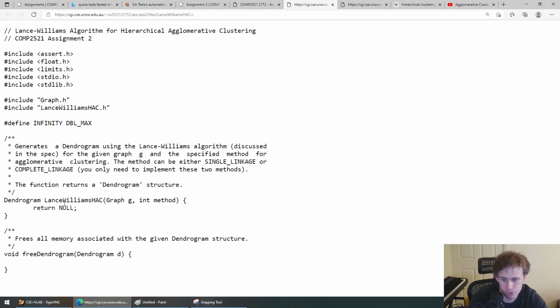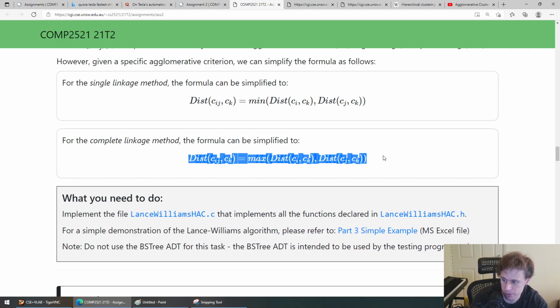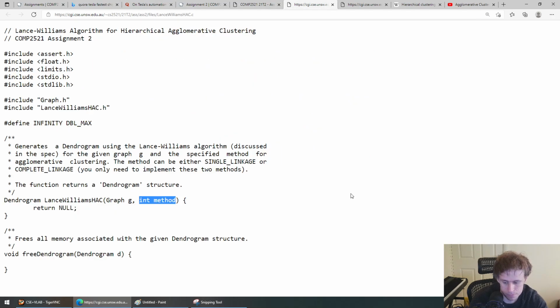So when someone calls this Lance-Williams hierarchical agglomerative clustering function, you get given a 1 or a 2, which tells you what kind of formula to use when you calculate the new cluster distances.